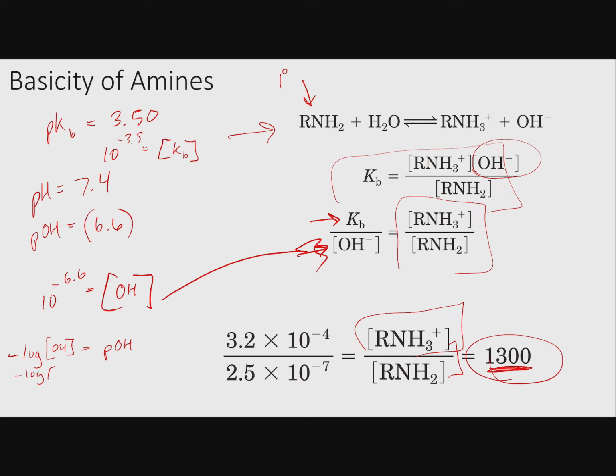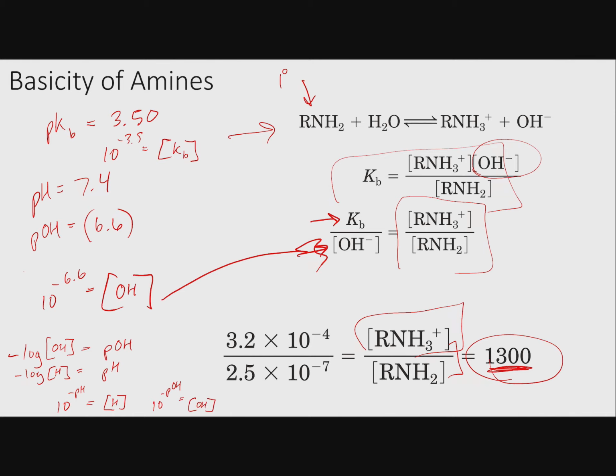Negative log of H is pH. Negative log of Kb is pKb. To get out of that, you take 10 and you raise it to the negative pH, and that'll give you back just your hydrogen ion. Or 10 to the negative pOH will give you back your hydroxide ion concentration.